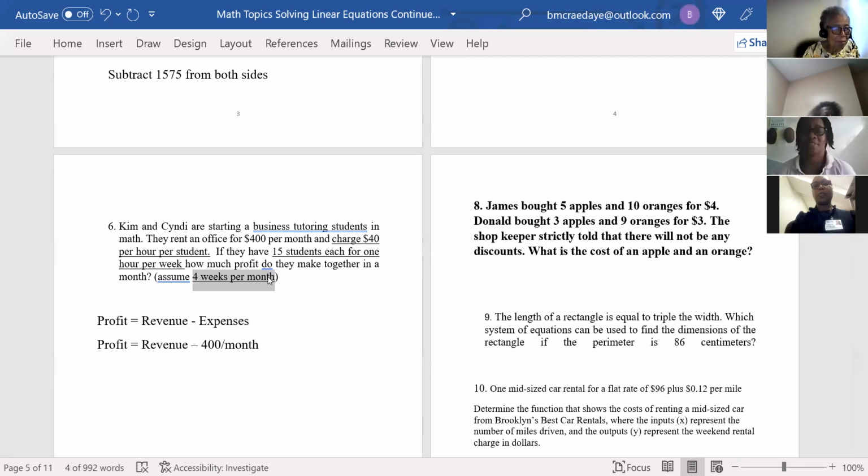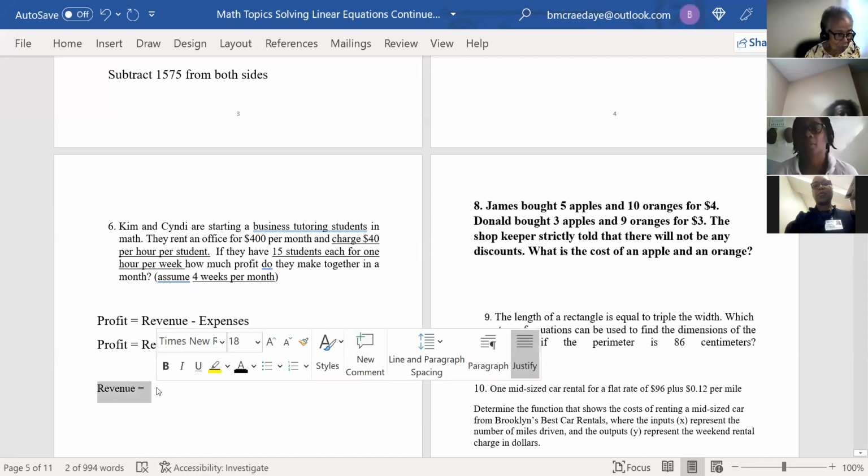What would be the revenue if they're giving me per hour per week? Are they talking about 7 days or 5 days? No, we're talking weeks here, because remember they say 15 students each for 1 hour per week. So we're working with weeks, not days.